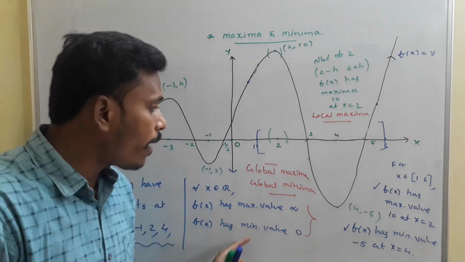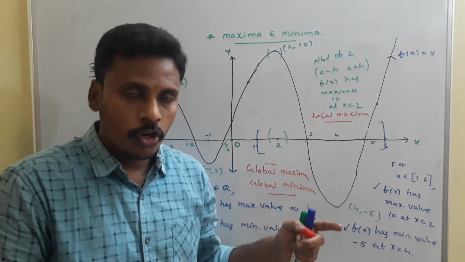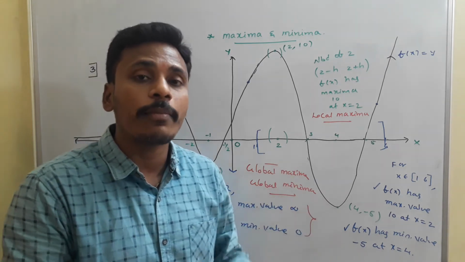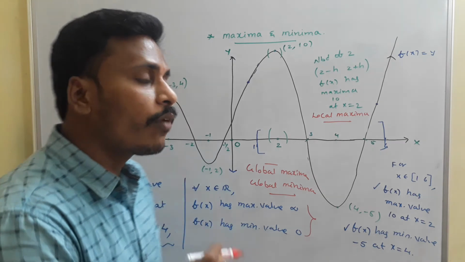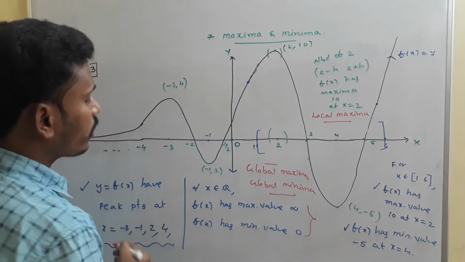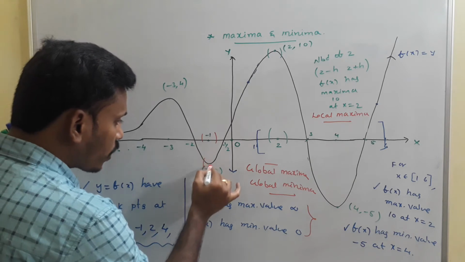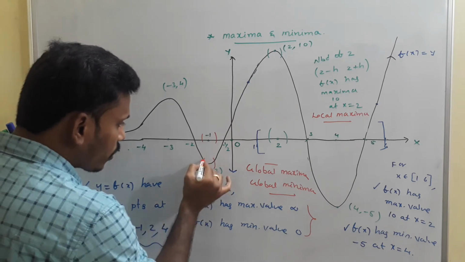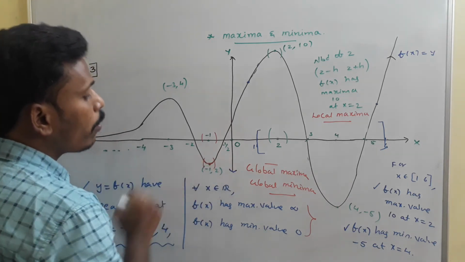Global maxima and global minima exist in an interval, whereas local maxima and local minima exist at a point. At a point means in the neighborhood of that particular point. Suppose you think about the neighborhood of minus 1. In this neighborhood of minus 1, this is the function. So in this small region of surroundings of minus 1, this is the minimum of the function.